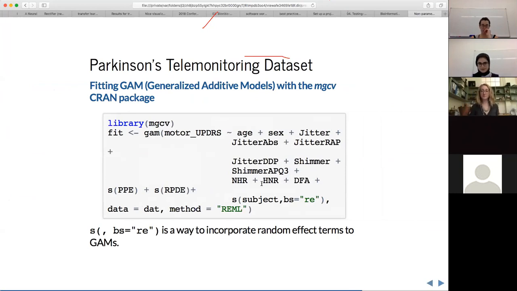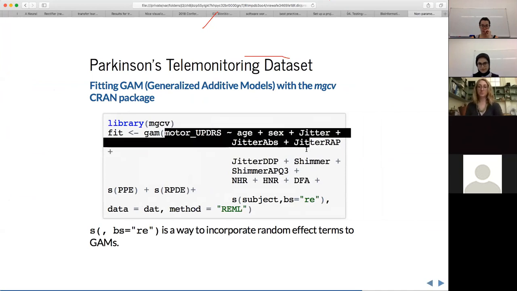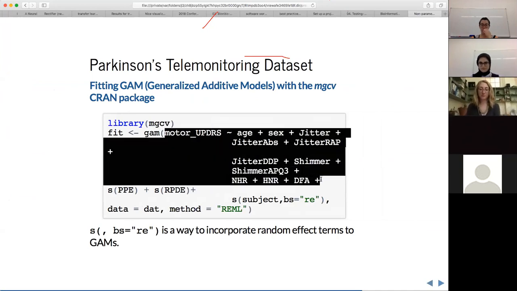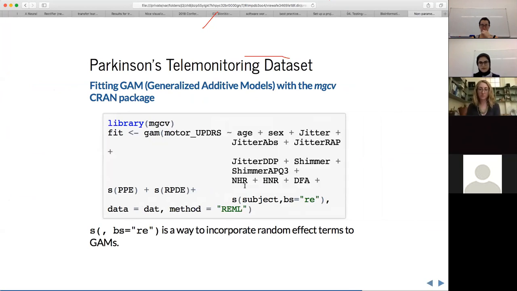These are all linear terms, so I hope you appreciate that this bit is actually very identical to fitting a typical linear model. And this S indicates that we are interested in fitting splines, or a nonlinear relationship between the PPE and motor UPDRS.